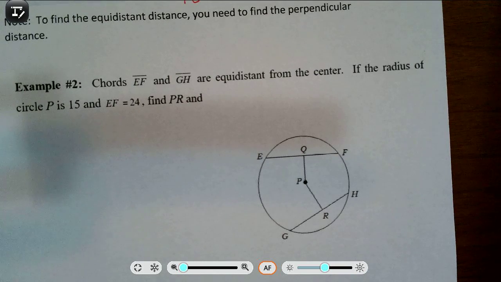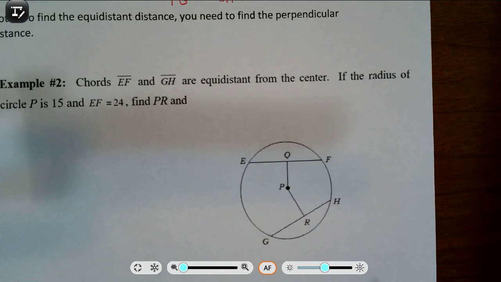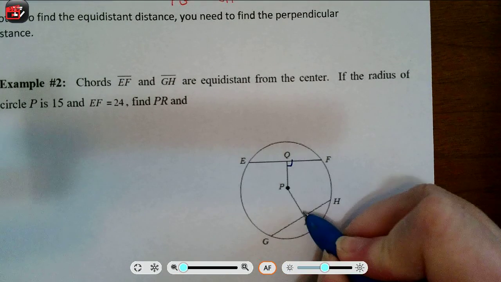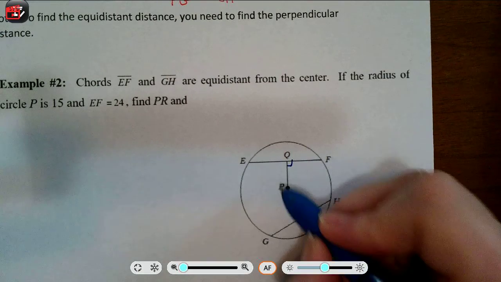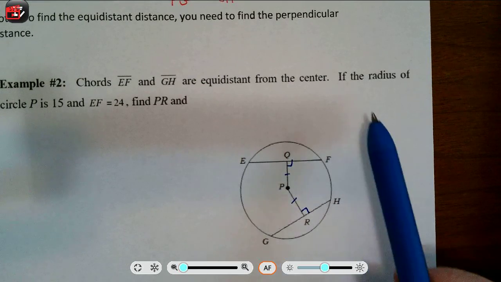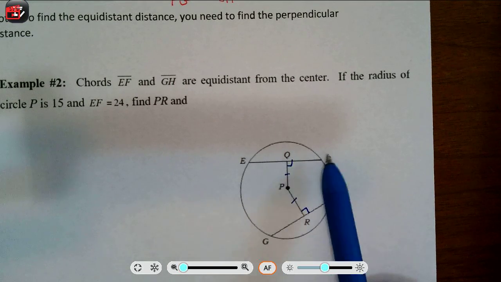So how can we use that to help us with some work? Looking at this problem, it says the chords EF and GH are equidistant from the center. If these are equidistant, we know that we have right angles. We also know that these two are congruent. The radius of circle P is 15, and the length of EF is 24.